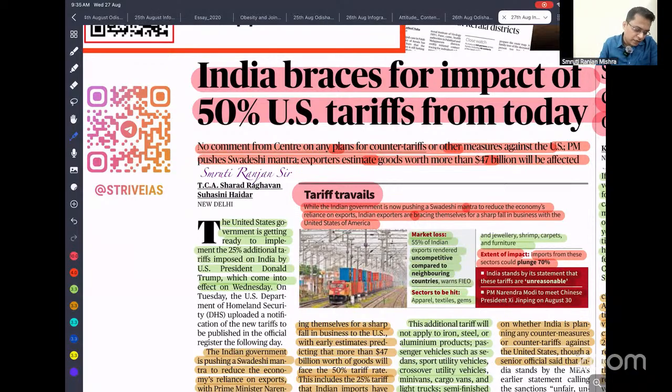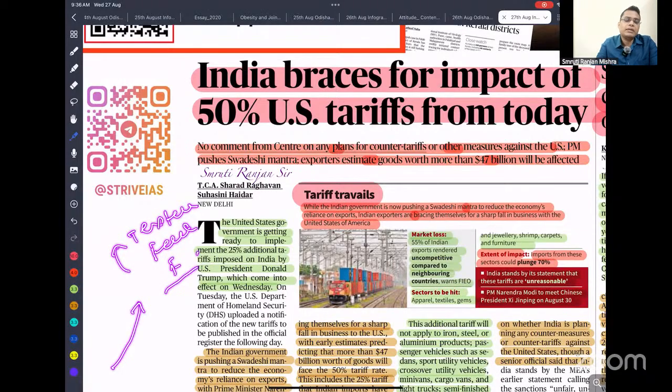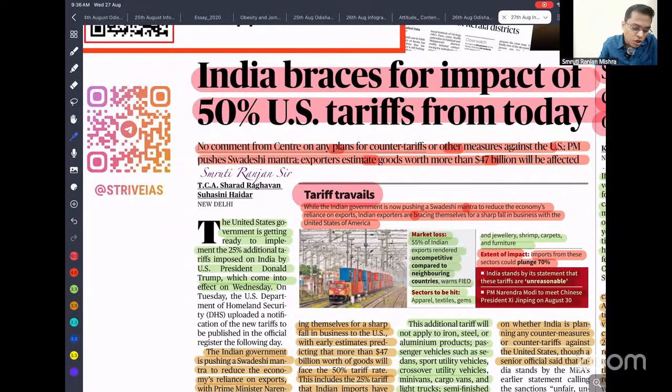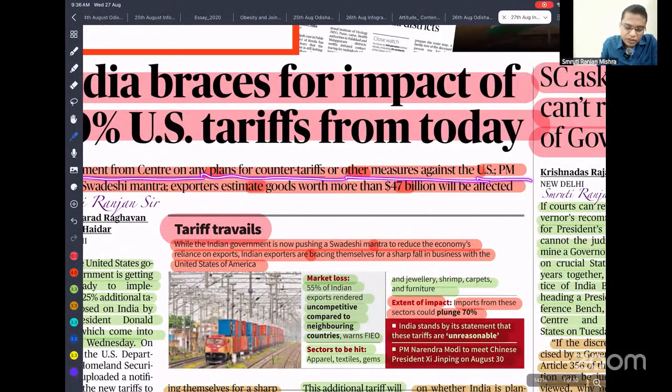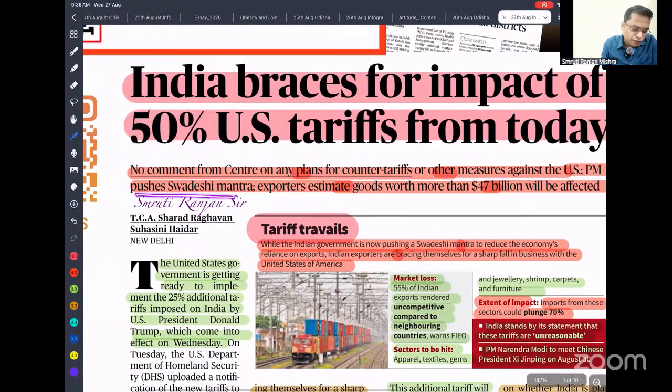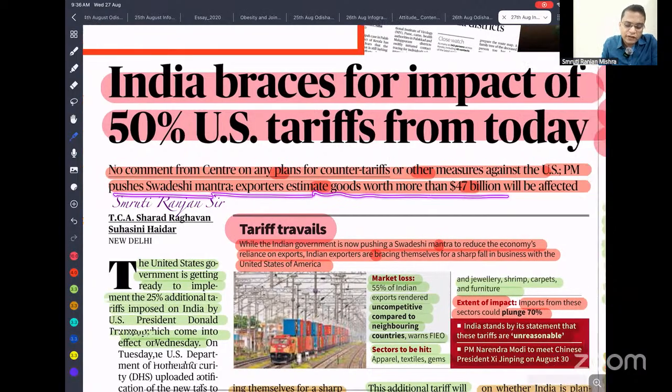Other countries, let's see, we are exporting textiles, footwear, fish, all these things. So other countries like Vietnam are going to impact our economy. There were no comments from the central government on any tariff or other measure against the USA. The Prime Minister and exporters estimate goods worth 47 billion will be affected.